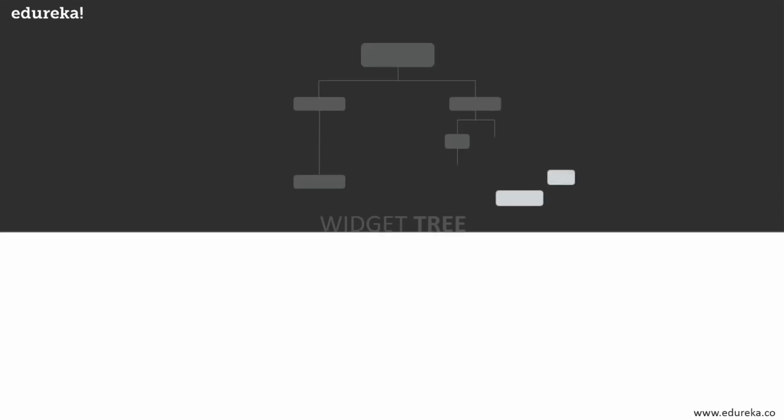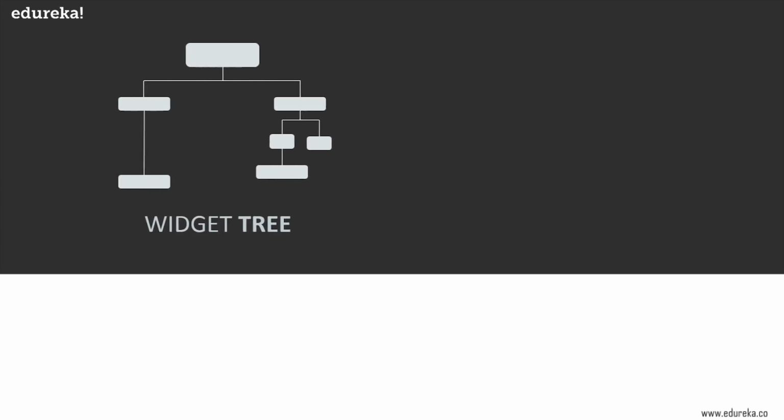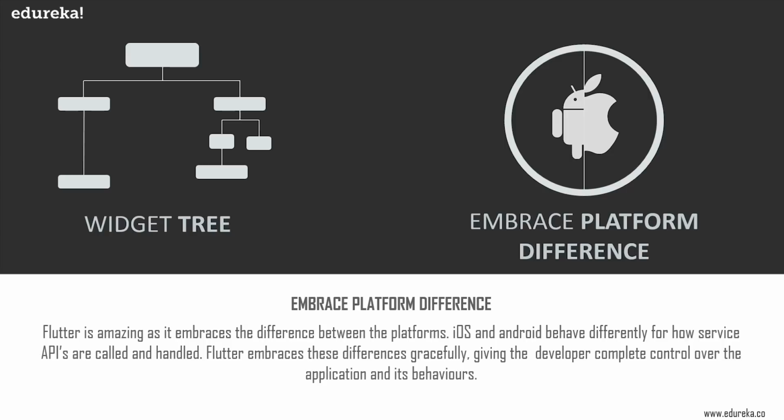Now, moving forward, one might think that widgets are not exactly the best way to go for a design layout or for design performance. Well, Google actually disagrees with that, and they have also given you a way to embrace the platform differences using the widget tree. When I say platform differences, I mean the differences between iOS and Android.